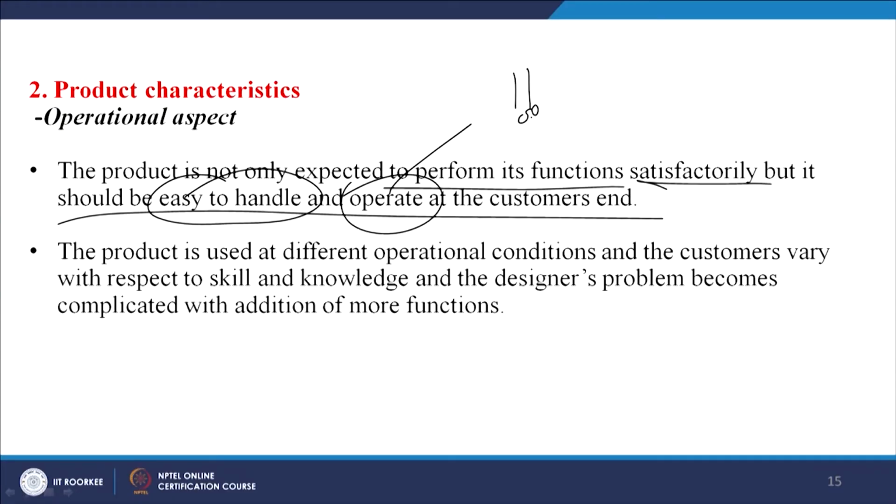So the customer is not going to buy that product which is difficult to operate. The product is used at different operational conditions, and the customers vary with respect to skill and knowledge, and the designer's problem becomes complicated with addition of more and more functions. So the product may have n number of functions, but the skill of the operator also is a limitation which the designer must keep in mind while designing the product.